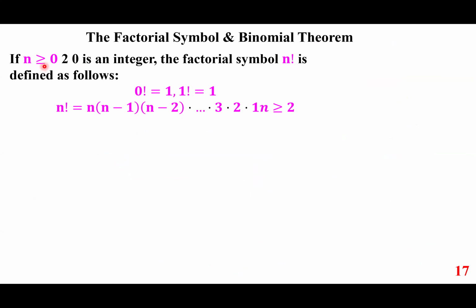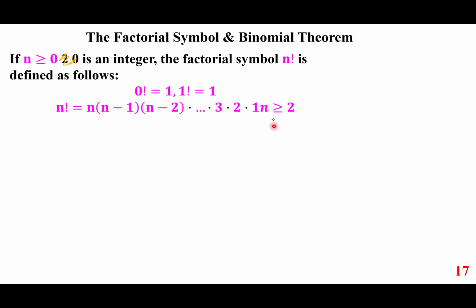If n larger than or equal to 0 is an integer, the factorial symbol, n factorial, is defined as follows. 0 factorial is 1, 1 factorial is 1, and n factorial means n times n minus 1 times n minus 2, all the way times 3, 2, 1, when n is larger than or equal to 2. That's the definition of a factorial.